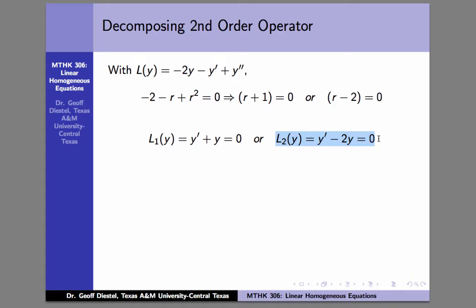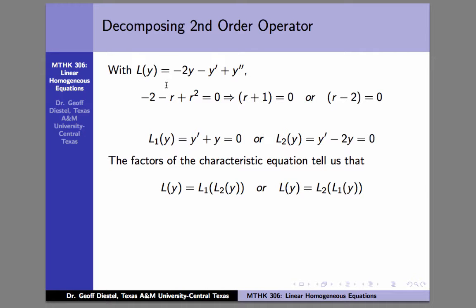Now let's see how this product of these factors, r plus 1 and r minus 2, gives us the characteristic equation. And let's see how that product translates into composition of these two operators, to see that it makes sense that both of the solutions to either of these simpler equations actually solve the overall equation involving our second order linear operator.